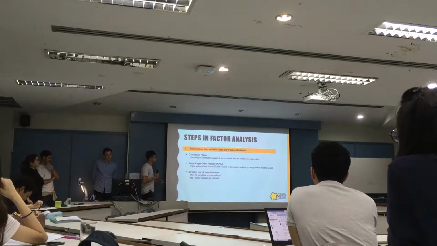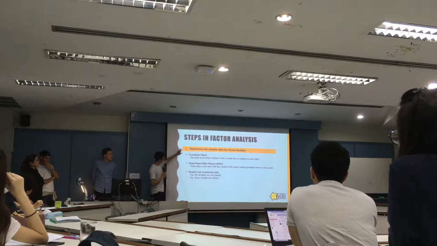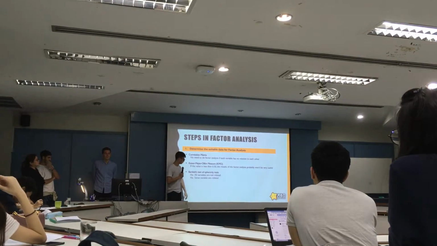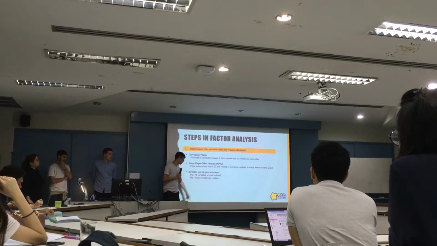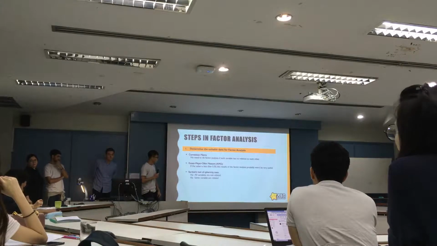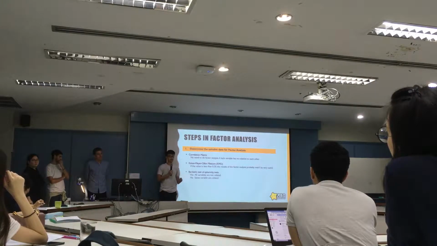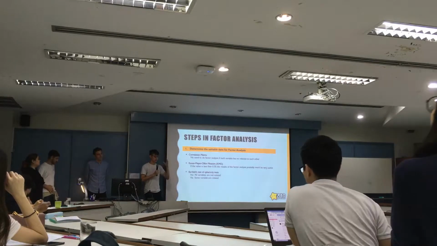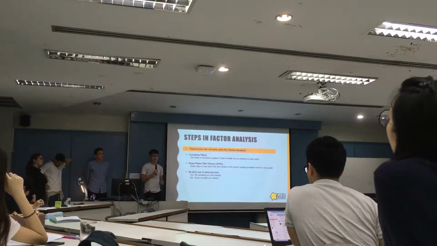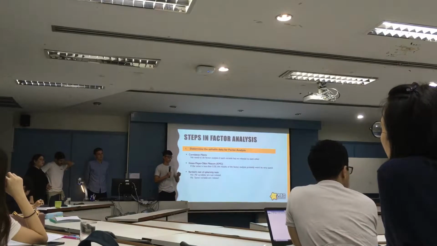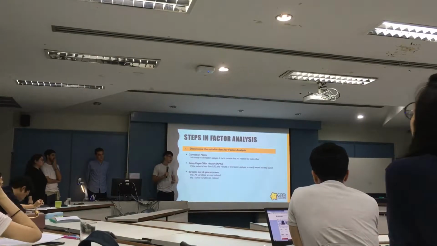And we can see the correlation matrix and the Bartlett test. It's because our goal in doing factor analysis is to reduce the dimension, which means to reduce the variables we use.